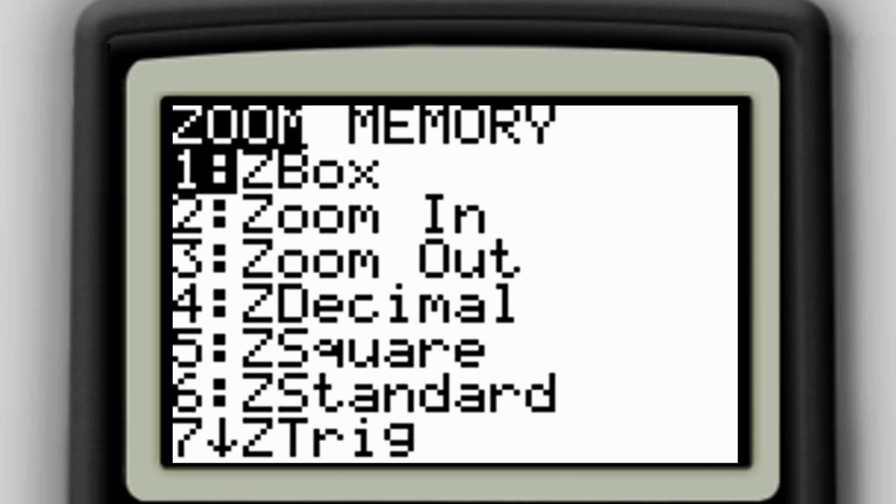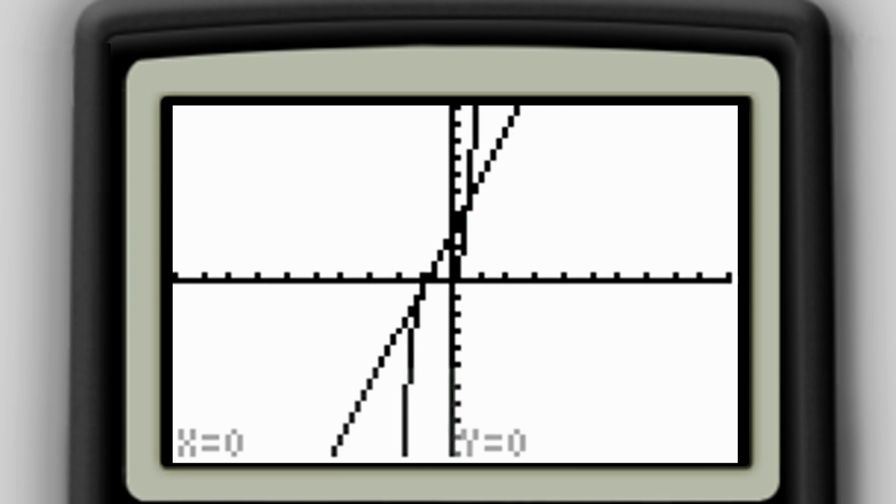And when I graph it, I can see both of those curves. It's a little bit small, so it might be helpful to zoom in one time and then you'll get a clearer picture of the graph and the tangent line that occurs at the point -1, 0.